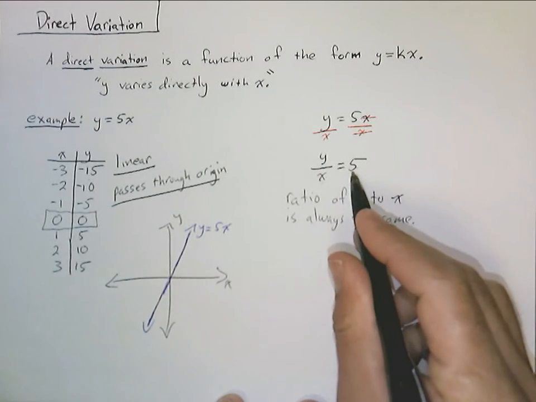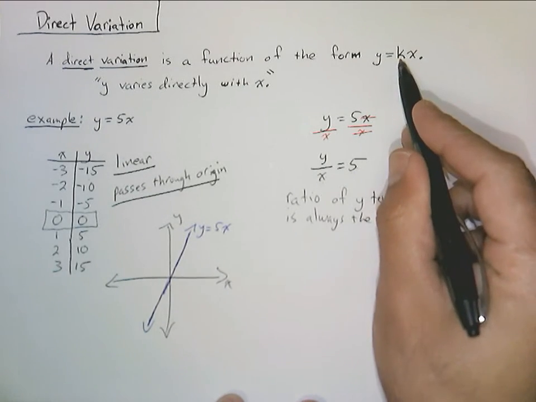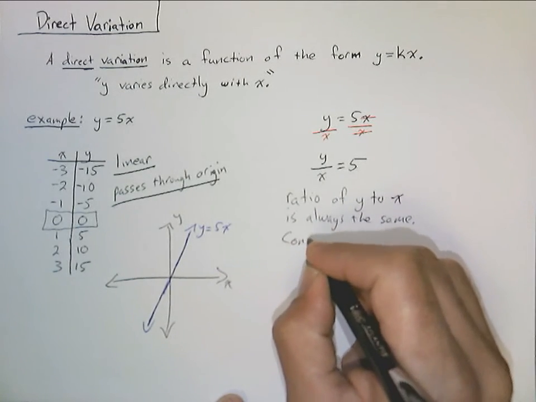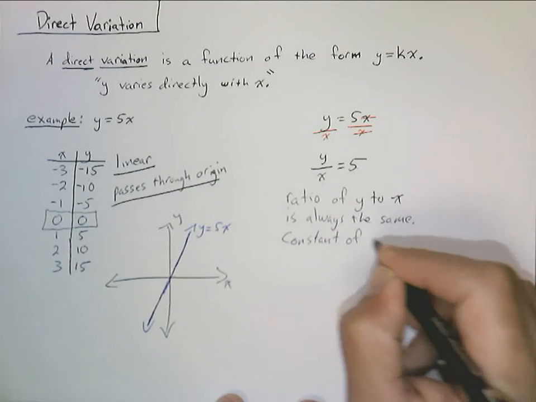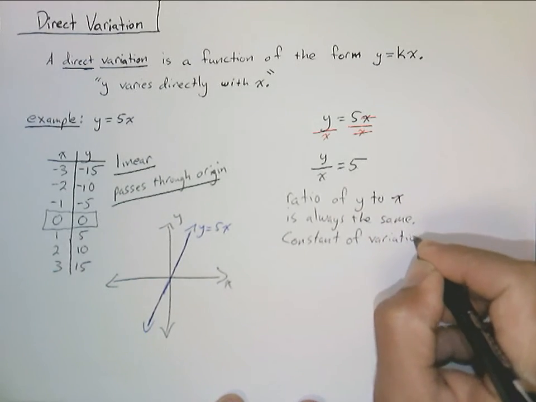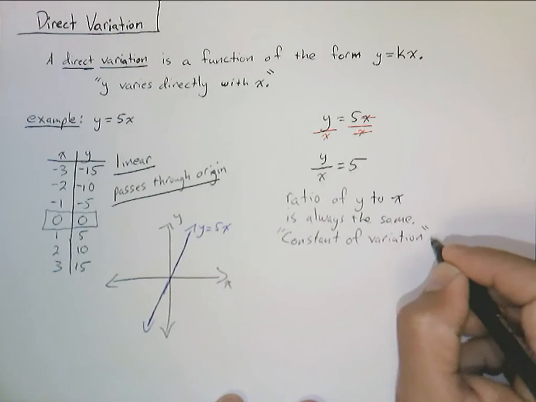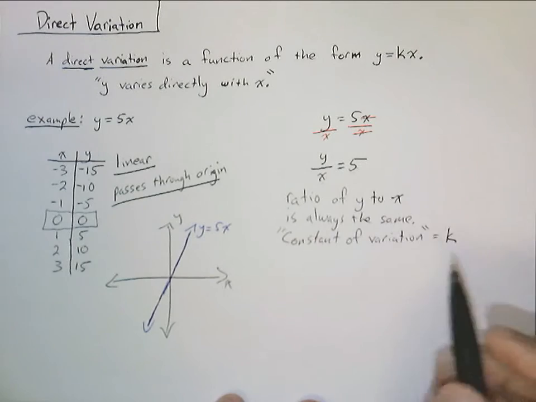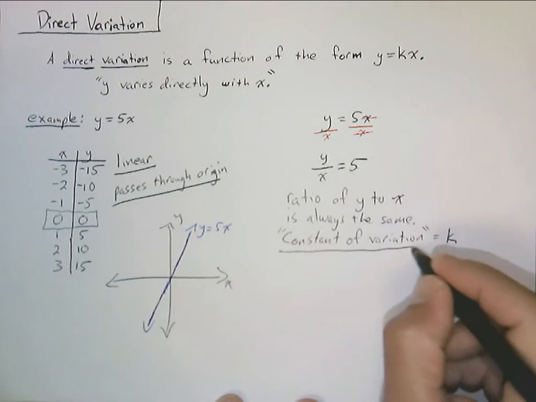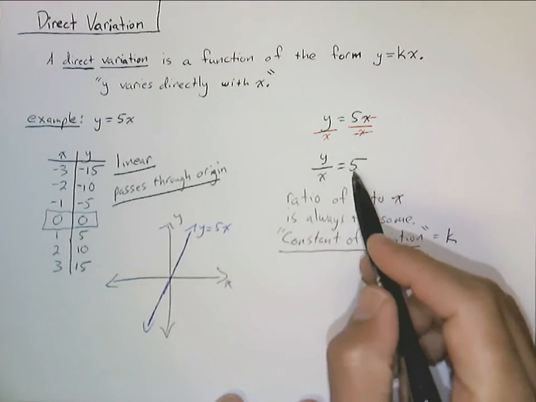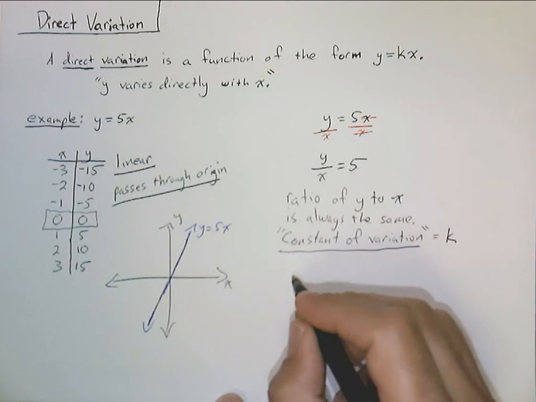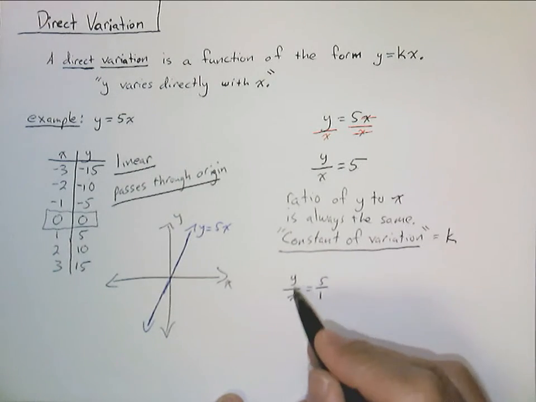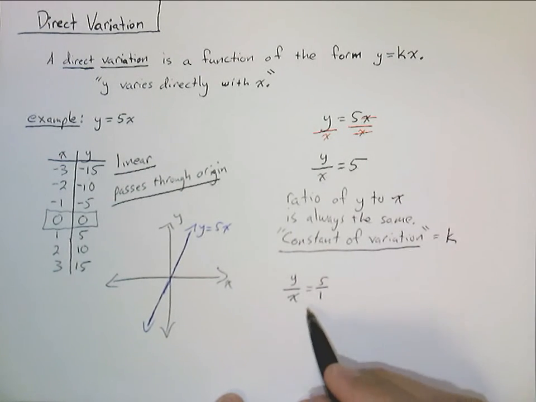And this value 5 here, or in this equation, k, whatever that number is, that's called the constant of variation. That's that value k, in this case 5. One other thing here, if we also write this 5 as, say, 5 over 1, well, then we have what we call a proportion, which you studied a lot last year.